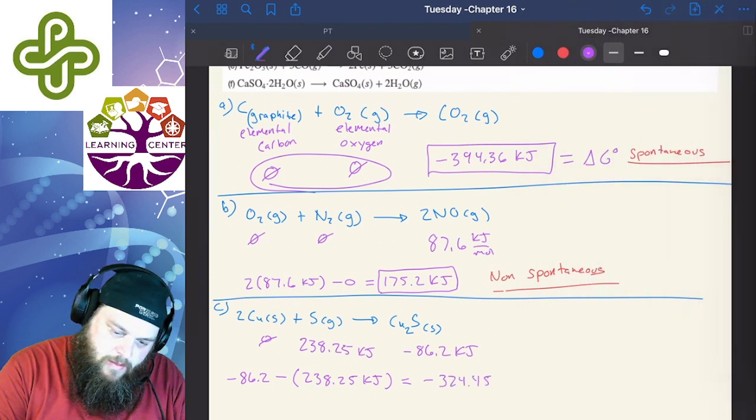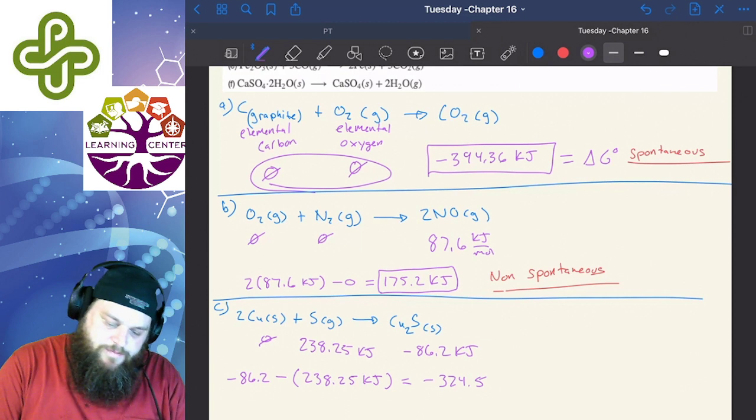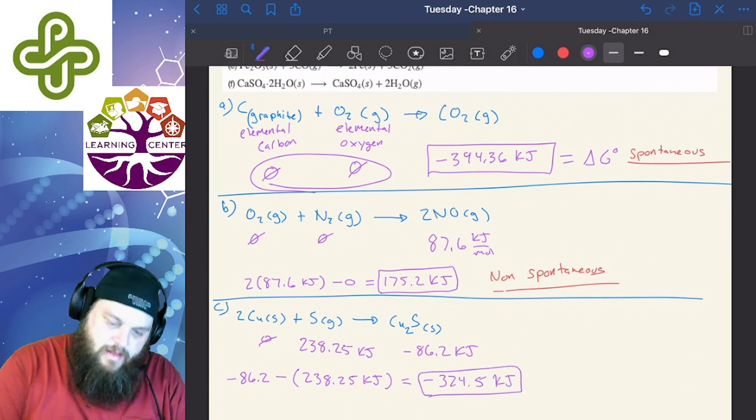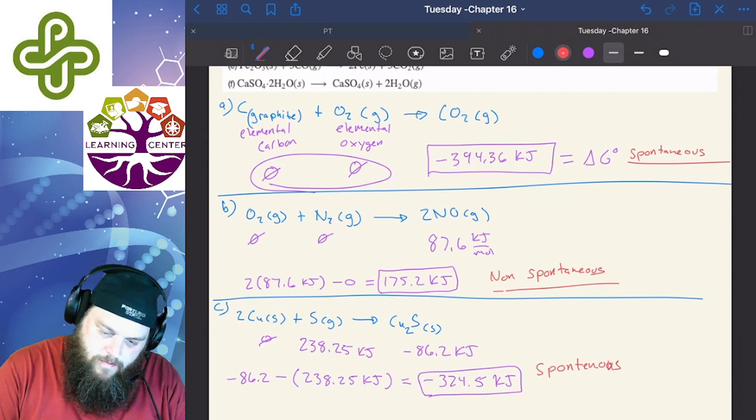And really, I'd want to round it to one decimal place and put kilojoules. So that's, again, a negative number, making it spontaneous. That should be a U.